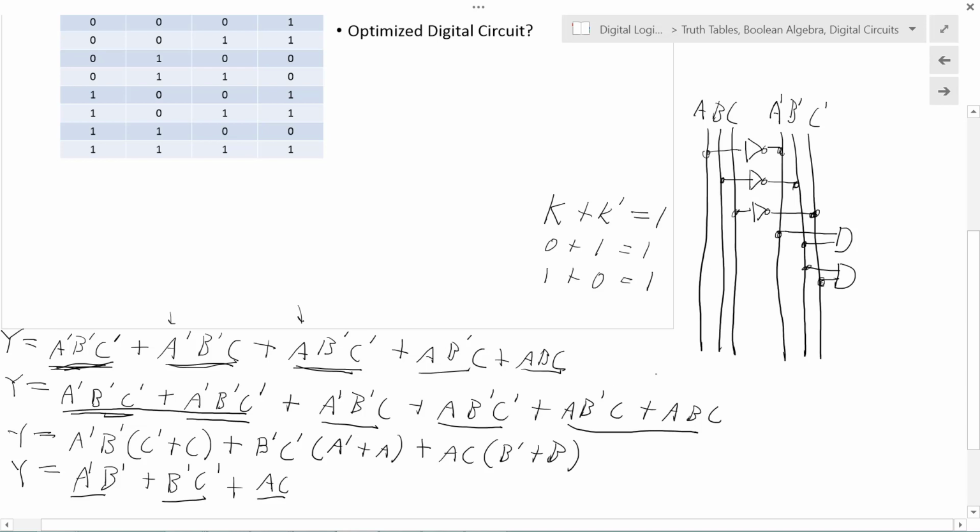And finally, we'll do A and C. A ANDed with C. And we can OR these 3 inputs together.